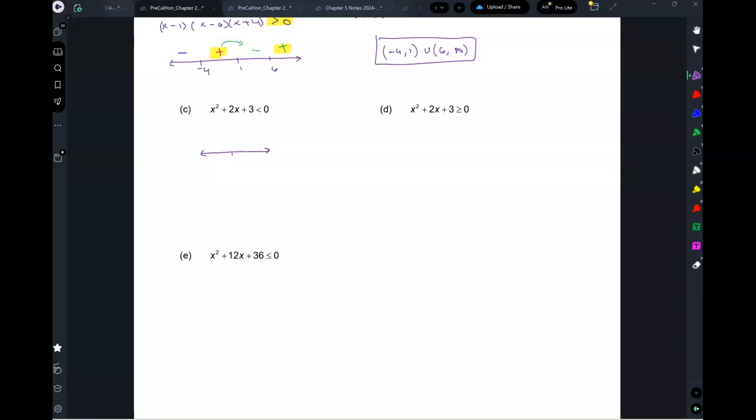Let's put in some points anyway. At the 0, is it positive or negative? Positive. If I put in any positive number, do you see how it's going to stay positive? Yeah. What if you put in a negative number?